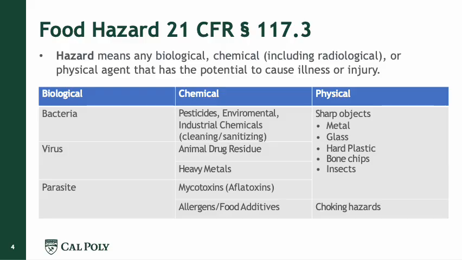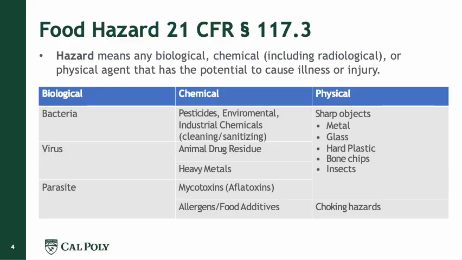If we think about examples of chemical hazards, we have pesticides and environmental industrial chemicals, like cleaning agents and sanitizing agents. Other examples are animal drug residues, hormones, antibiotics, and heavy metals. Mycotoxins, which are toxins or aflatoxins produced by fungus.